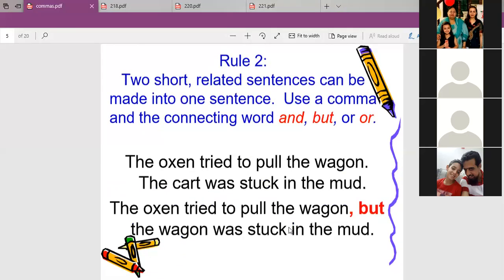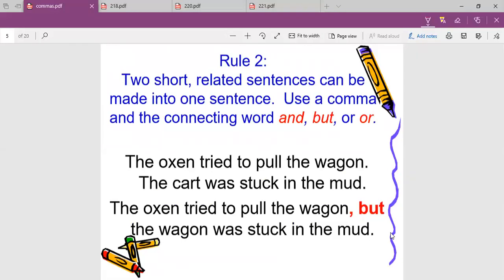Aline, can you read it, please? Okay. The oxen tried to pull the wagon, the blue one or the black one? The blue one, please. Two short related sentences can be made into one sentence.